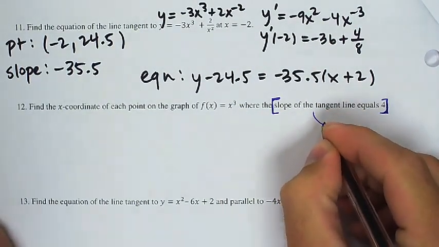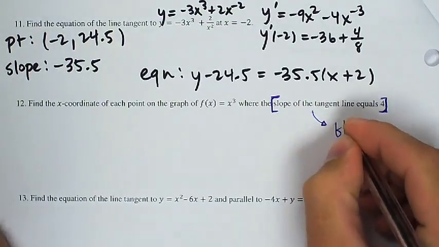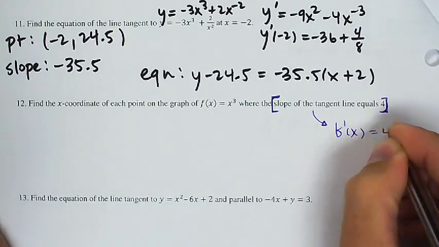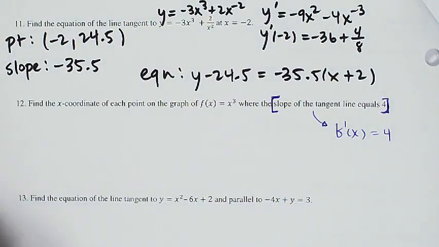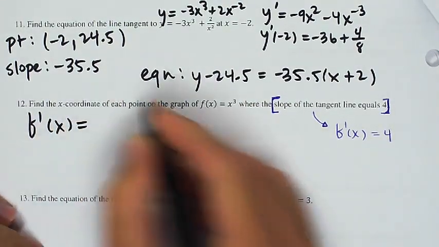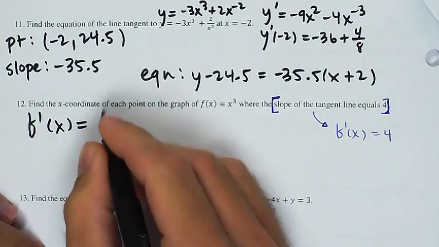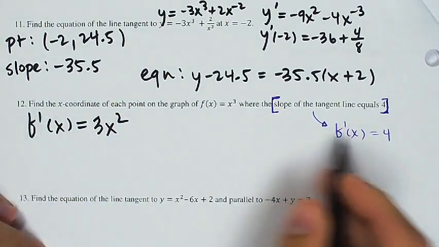This is just going to be solving, okay, slope of the tangent line, that's f prime of x, is 4. So I need to just solve this equation. I can do that. So f prime of x equals, well, if f is x to the 3, that's going to be 3x squared. And we're interested in where this is equal to 4.